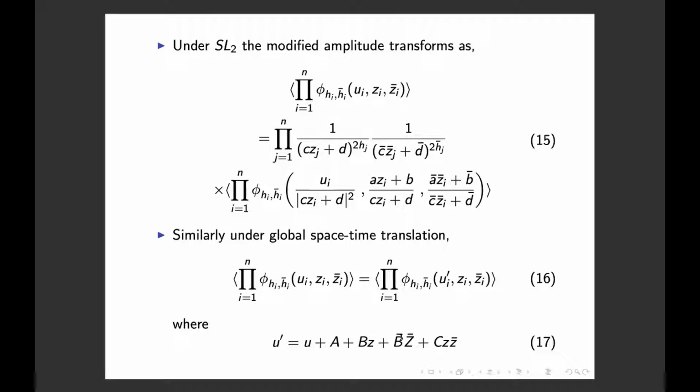B bar, at least to start with, is the complex conjugate of B, and A and C are real. So these are the four space-time translations which you have.